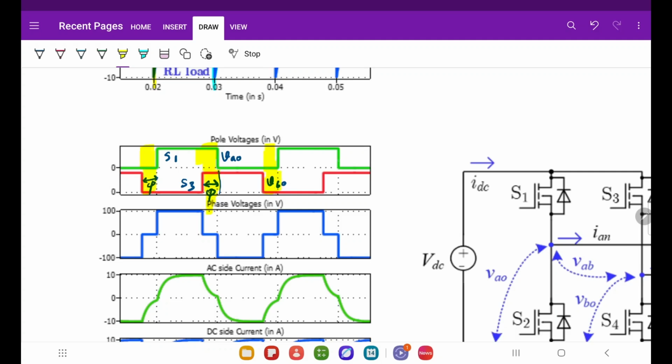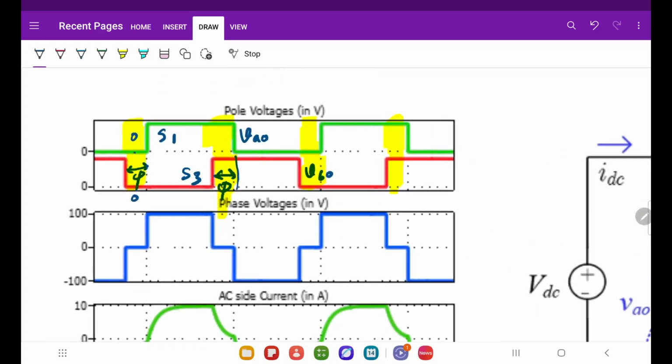In this period we can see that S1 and S3 are both 0 and 0, right? However, in this case they are both 1 and 1, right? So in one case they are both 0 0 and in another case they are both 1 1, right? Is this clear to you?